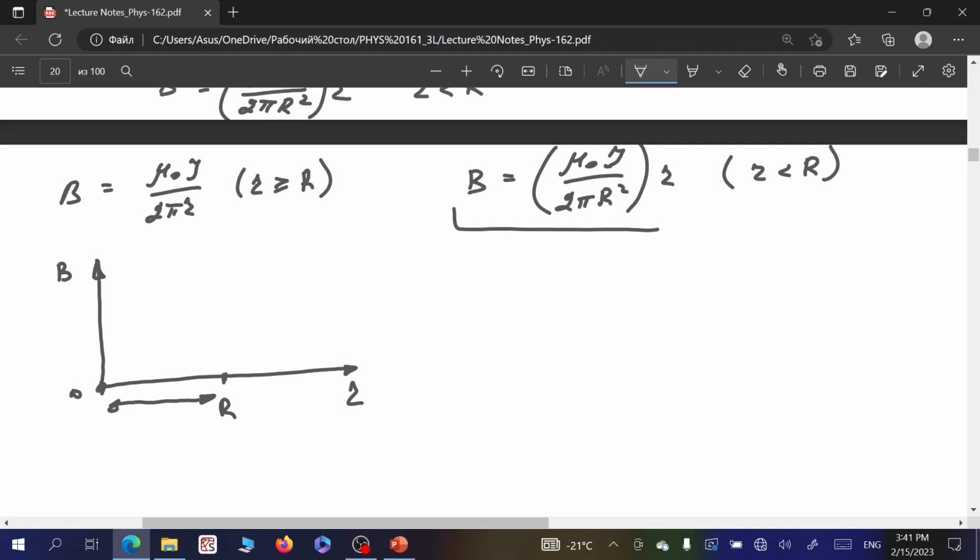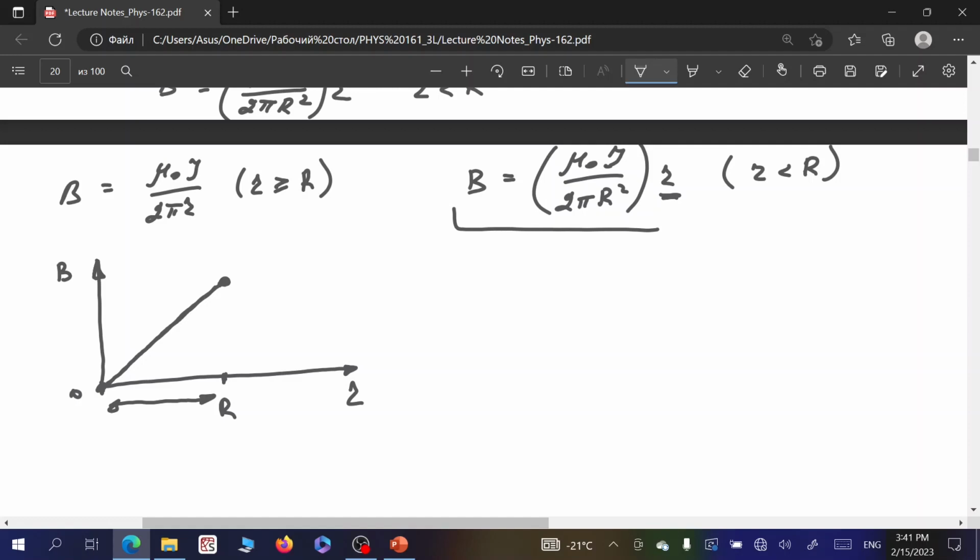It doesn't change. It doesn't get wider or narrower. So this is a constant, and then the only variable is r. So in this case, we have just a linear increase of magnetic field. As we go from the central point of the conductor, magnetic field linearly increases up to the surface of the conductor at distance capital R.